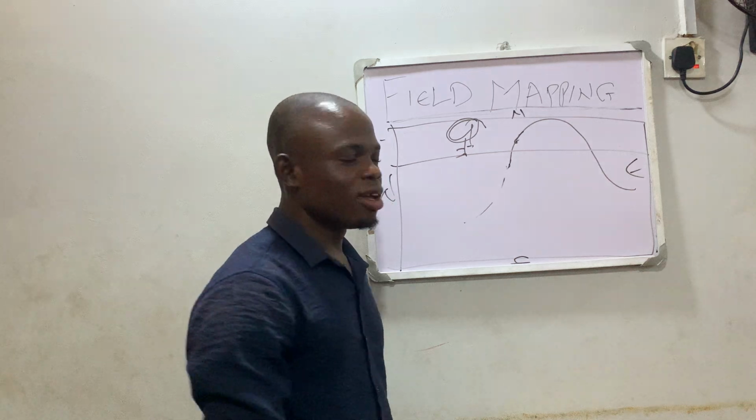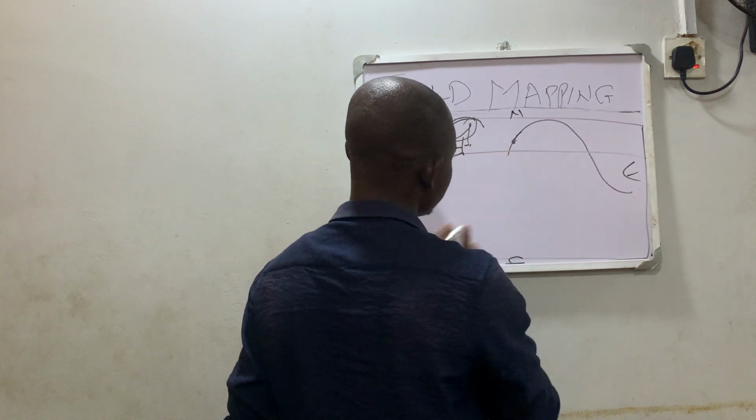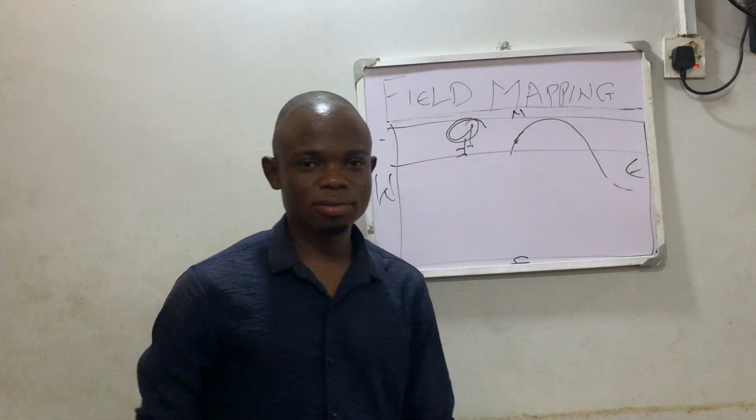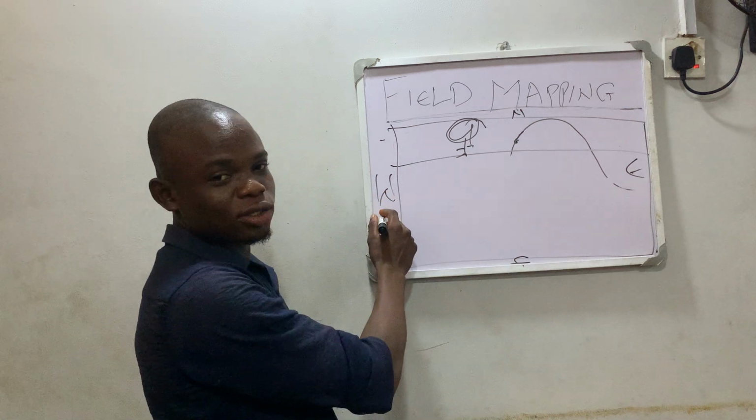What do you need to do? First of all, know which side this man is facing. This is north, this is east, this is south, and this is west.